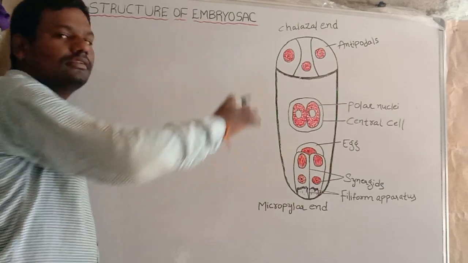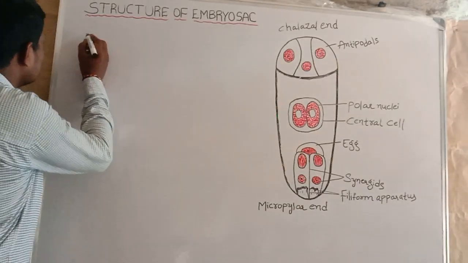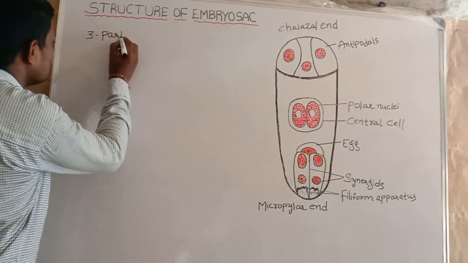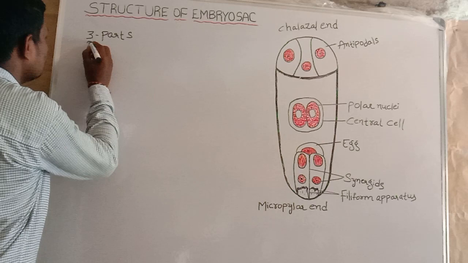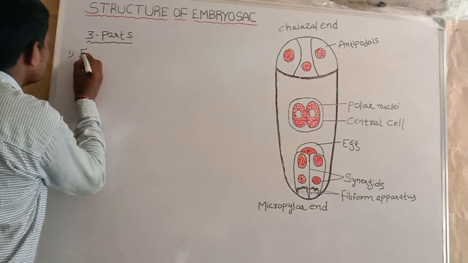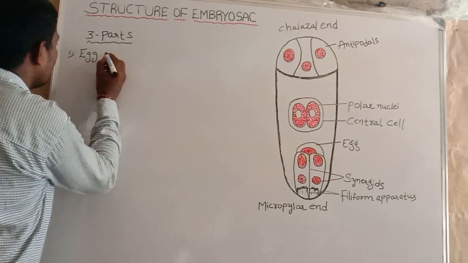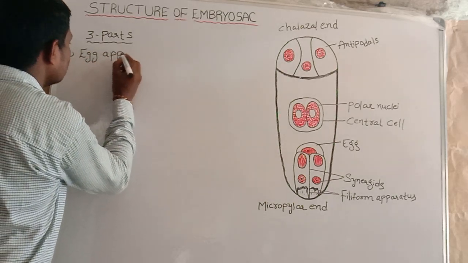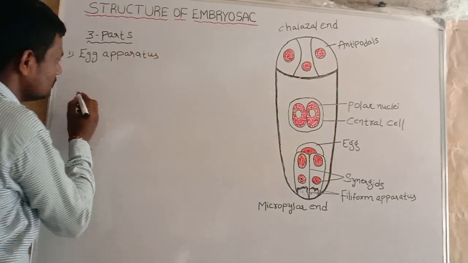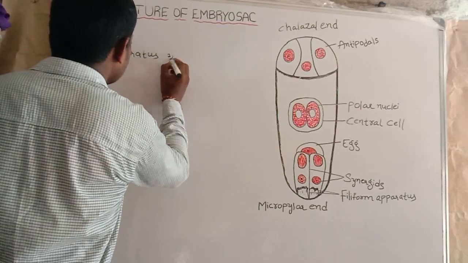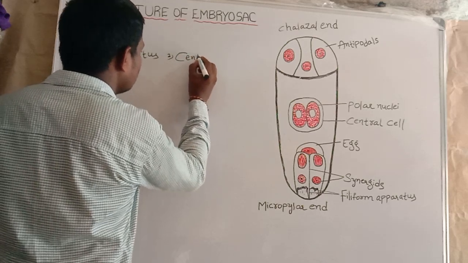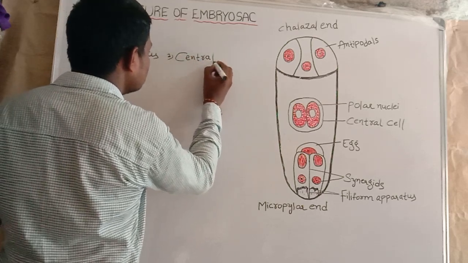The embryo sac contains three parts. First one, egg apparatus. Second one, central cell.